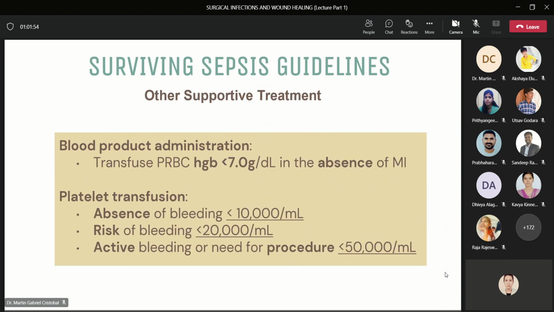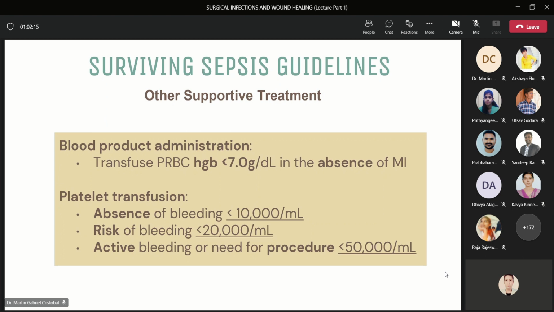Next, we have administration of blood products. Red blood cells should be transfused when the hemoglobin decreases to less than 7 grams per deciliter in the absence of extenuating circumstances such as myocardial infarction or hemorrhage.